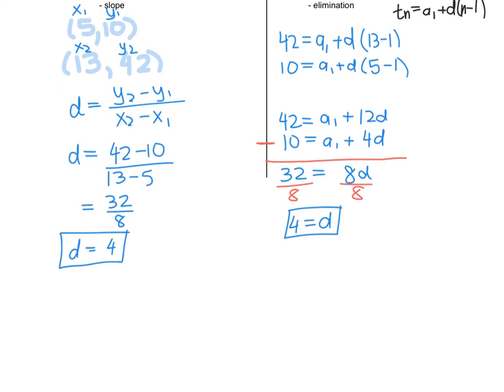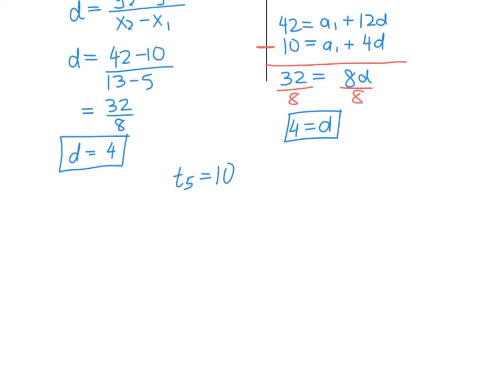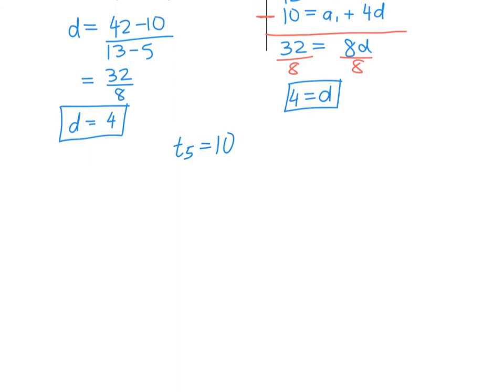So if we have our common difference, we can pick either of the two terms. I'm just going to use the smaller term, so the fifth term is 10, and then I'm going to use my common difference. So right now, what we know is tn equals a1 plus 4(n minus 1), and now I'm going to sub this point in, 5 for n, and 10 for tn as a whole. 10 equals a1 plus 4(5 minus 1).